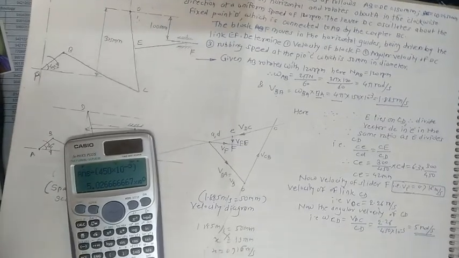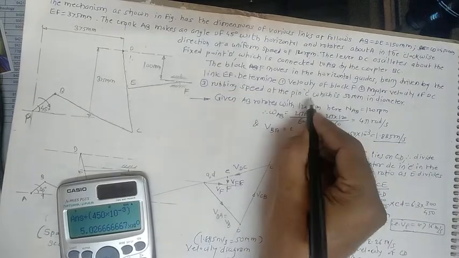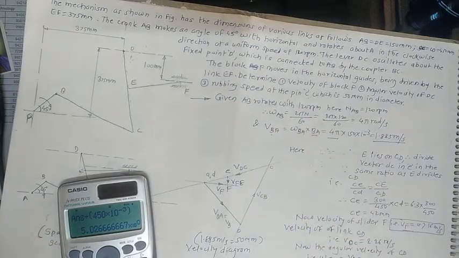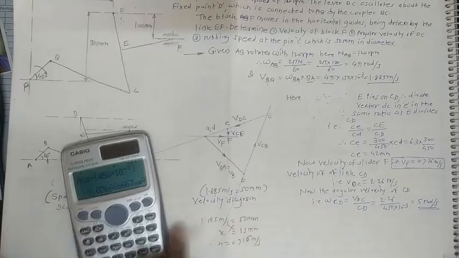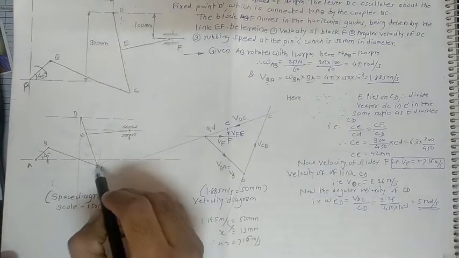Now the next target is to get the rubbing speed at the pin C, which is 50 mm in diameter. Now focus on this C point. So C point is here.